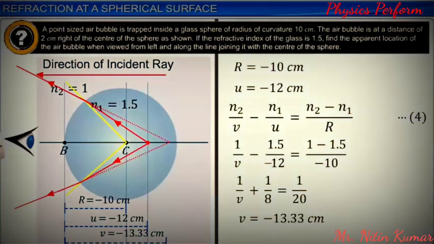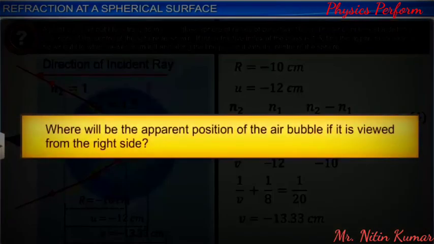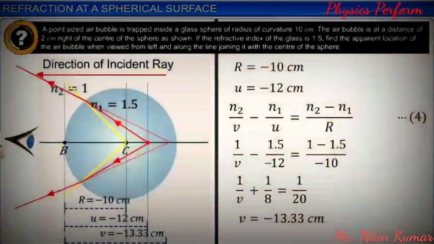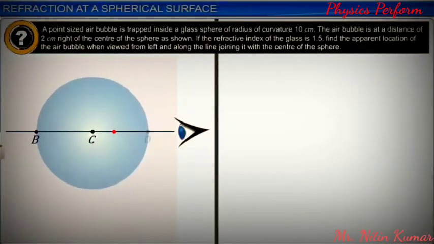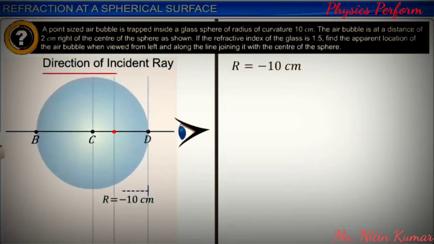If D is the intersecting point of the spherical surface with the principal axis towards the air bubble, all measurements are made from this point. R is equal to -10 cm and U is equal to -8 cm. Substituting these values in equation 4 and on further simplification, we get V is equal to -7.28 cm. The corresponding ray diagram is as shown.